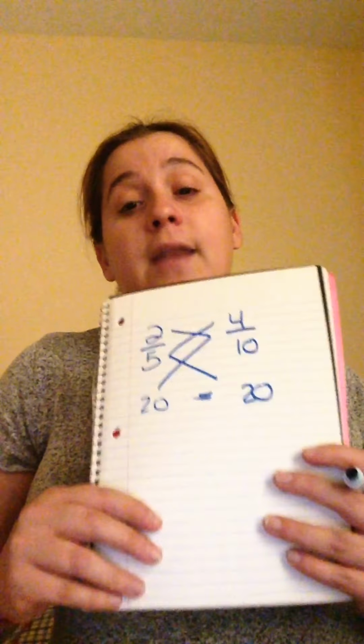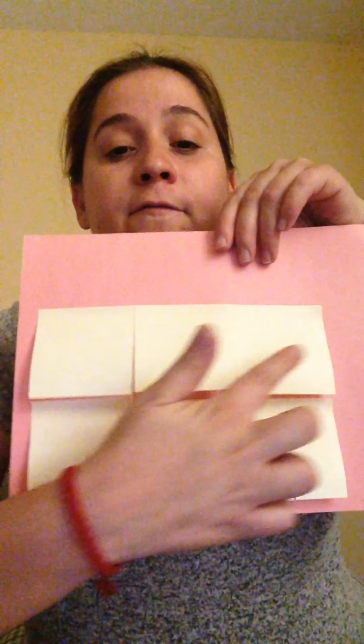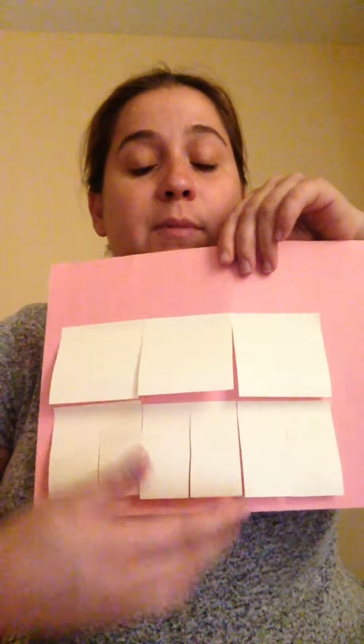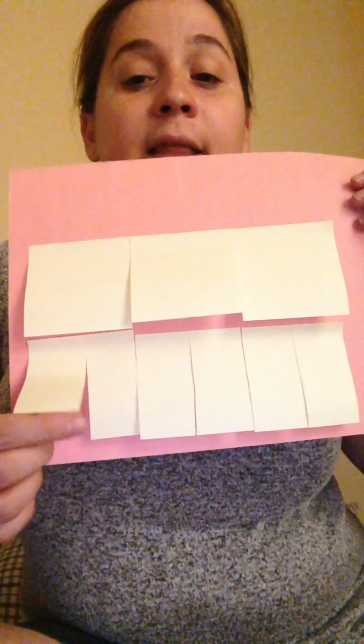Now I have more examples. Here we have 3 blocks out of 6 blocks. This is an example so you can see that even though you might think it's not equivalent, it could be. It also has to do with the size.